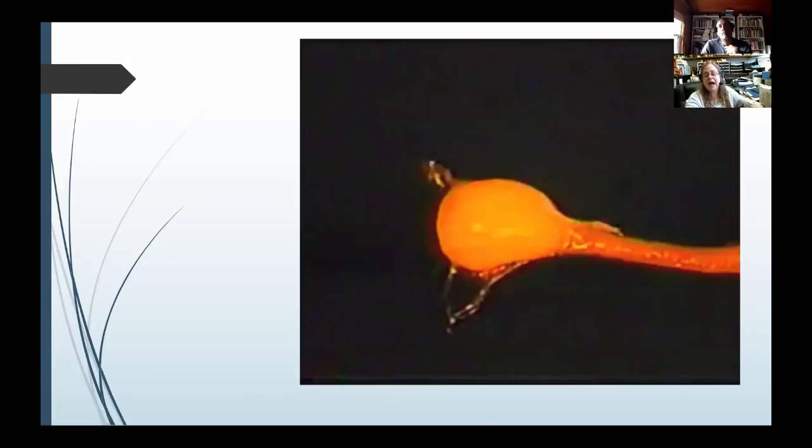But if it happens on a routine basis, they're called an internal layer, and the yolk begins to get infected and starts to become, what do you call it? Rotten, basically.